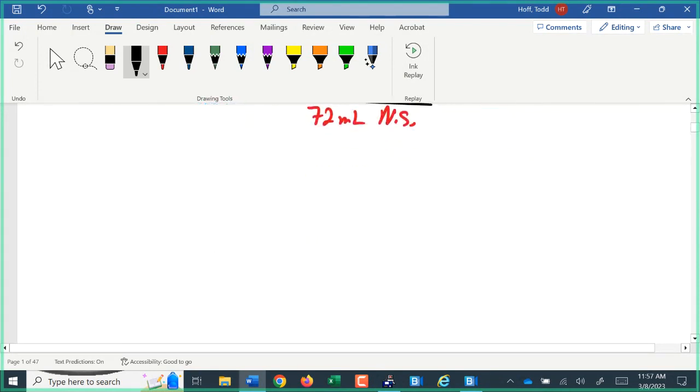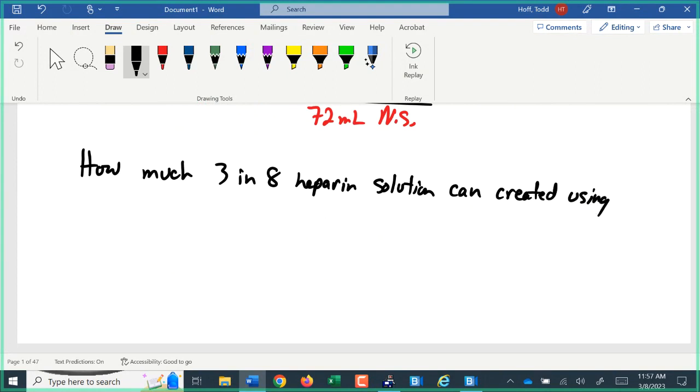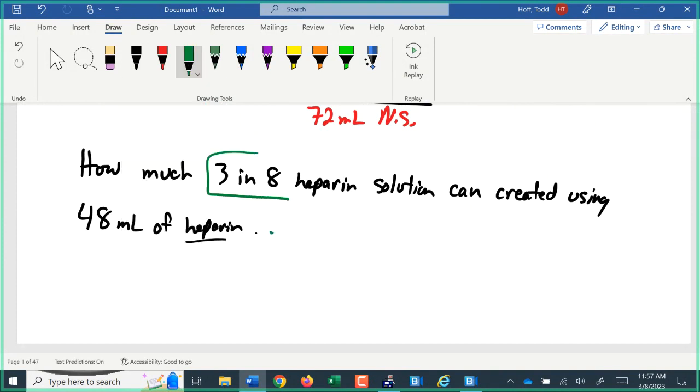Let's look at an example: how much 3 in 8 heparin solution can be created using 48 milliliters of heparin? Here again, our dilution is 3 in 8.